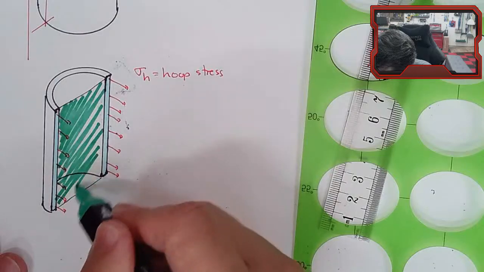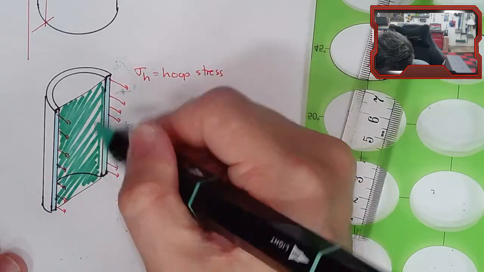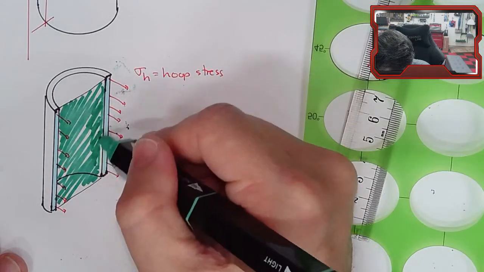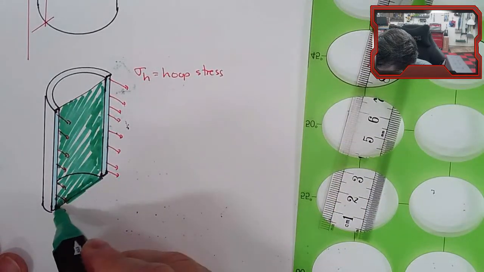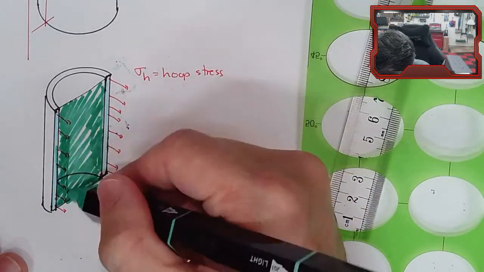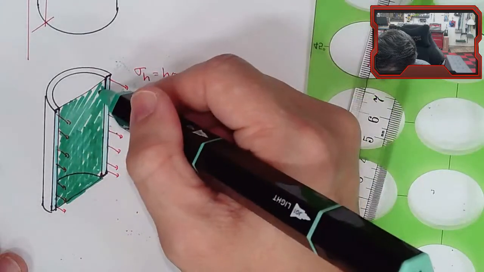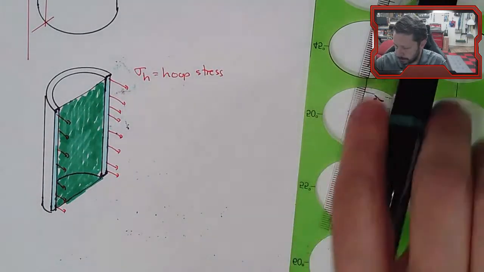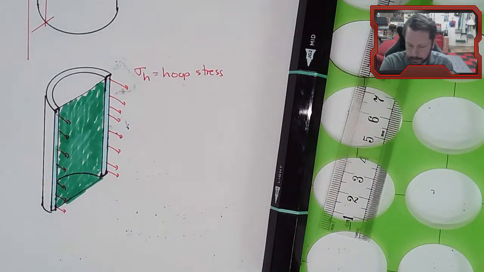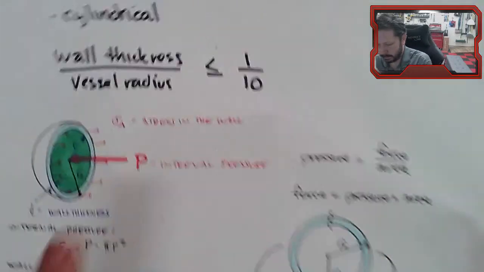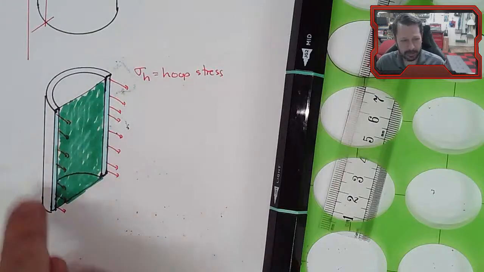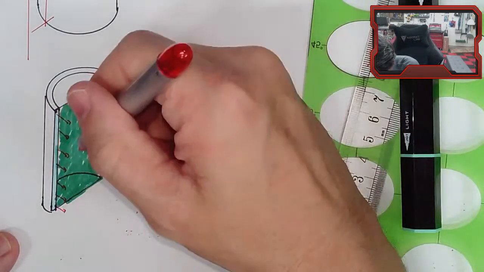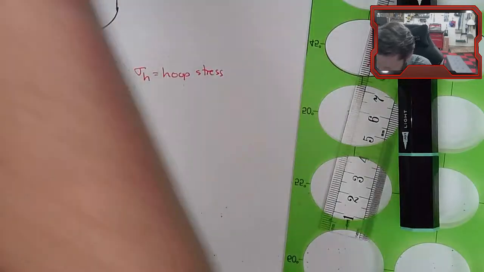So a big rectangle. I don't know how fancy I want to be with getting this colored in solid, but something like that. All right. This internal pressure, like we had here, is going to act on this green area, and let's make it with the bigger arrow.